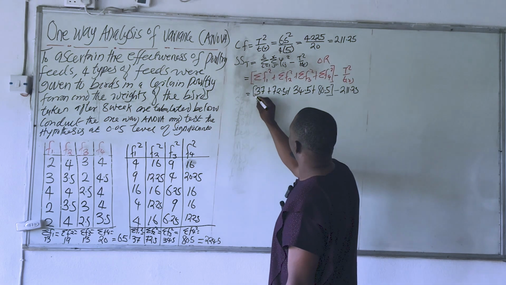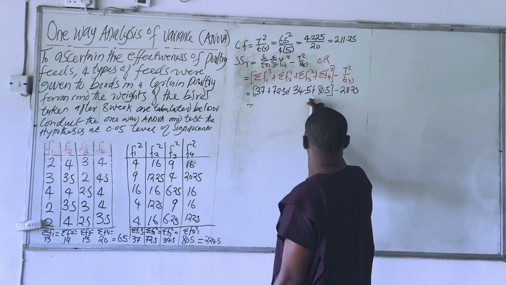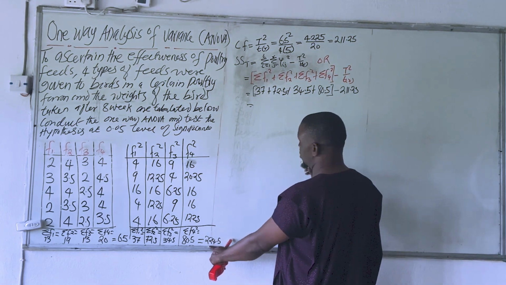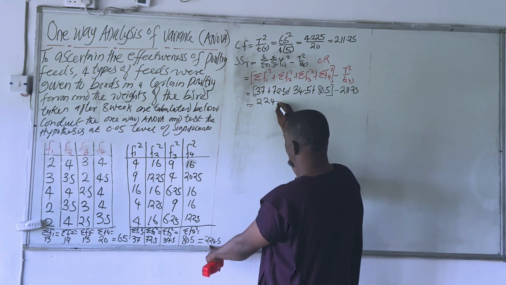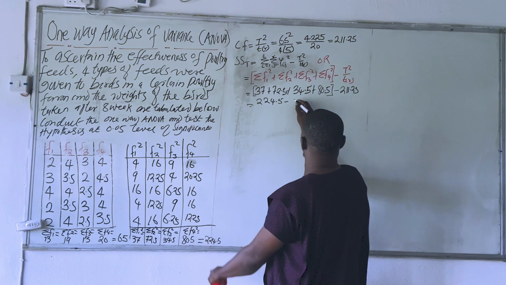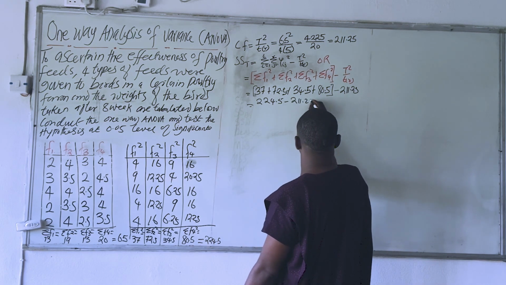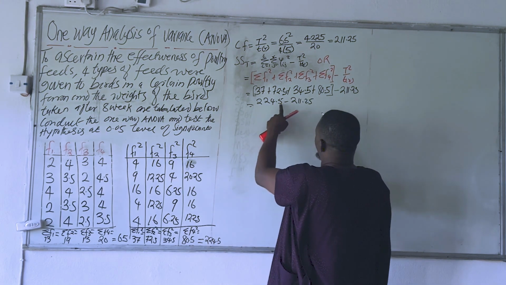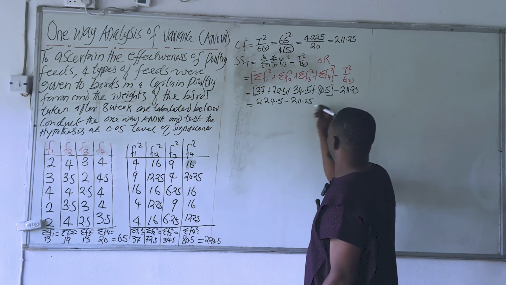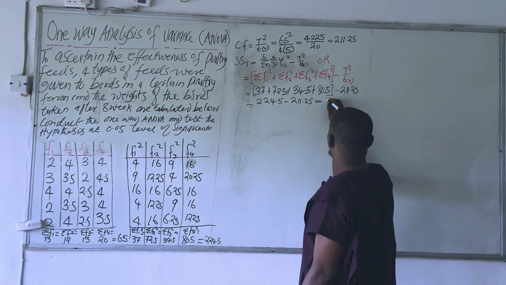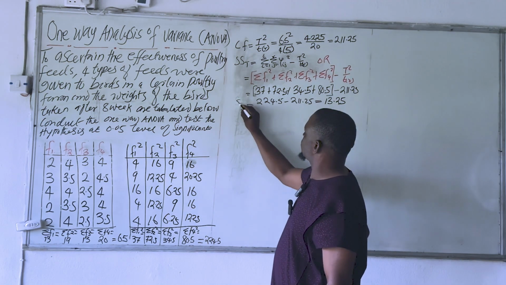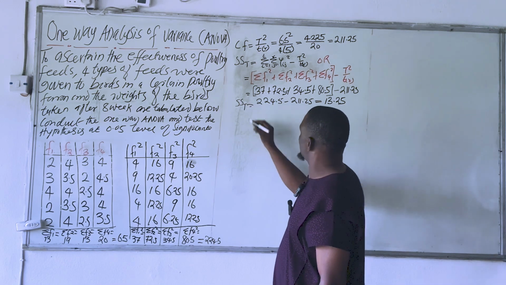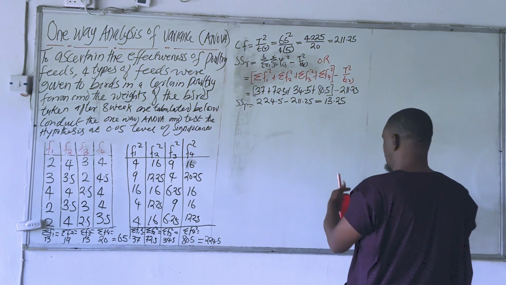If we sum the whole of this, which is what we've already done here, it will be 224.5 minus our correction factor, which is 211.25. So if we subtract, it will be equal to 13.25. Okay, so our sum of square total is equal to 13.25.